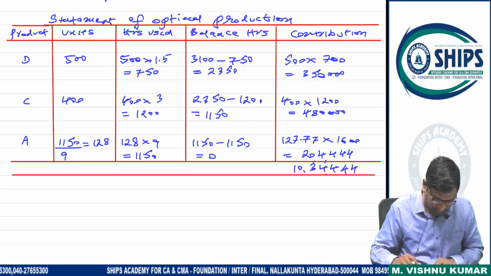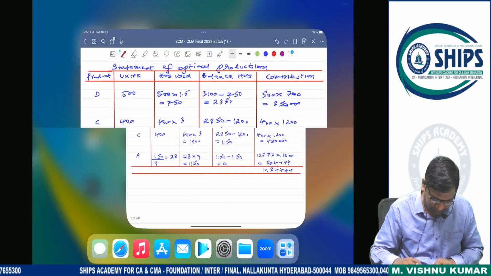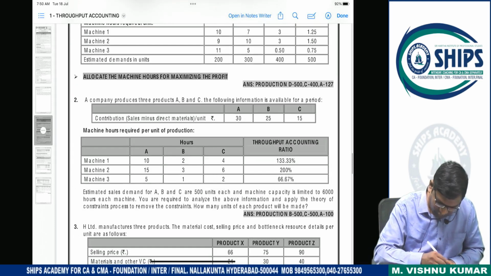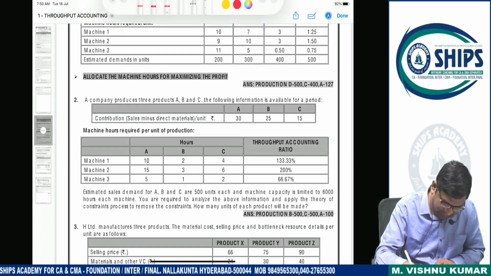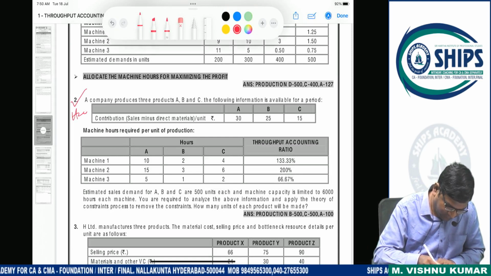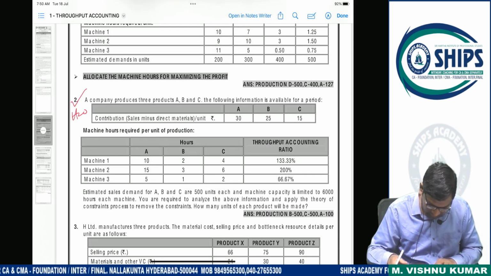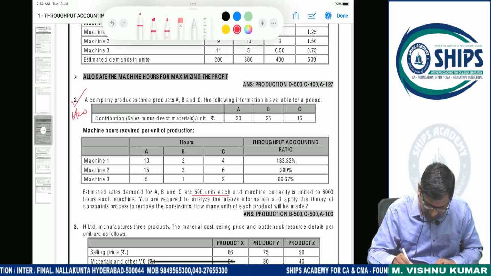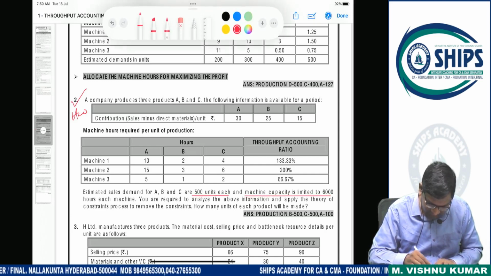So now we're starting the next question. Question number 2 is homework. You can solve this in homework, exactly similar to question number 1. Already they have given 500 units demand for each product and machine capacity limited to 6,000 hours for each machine.